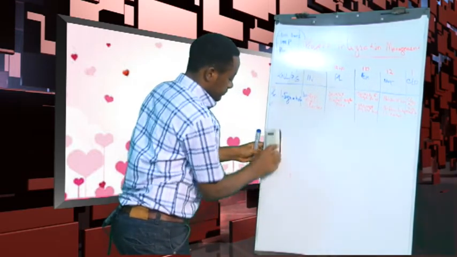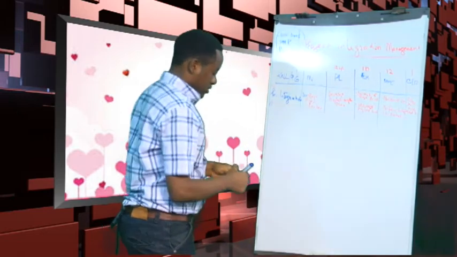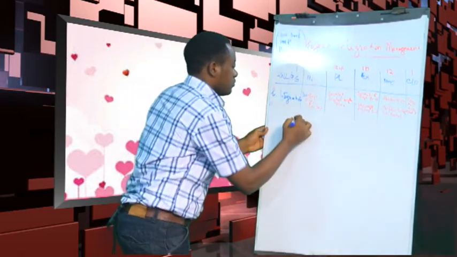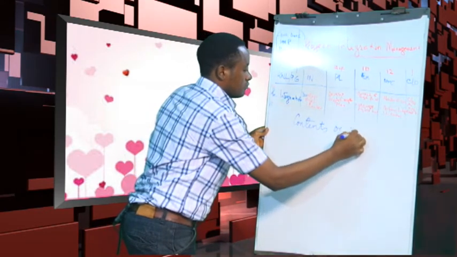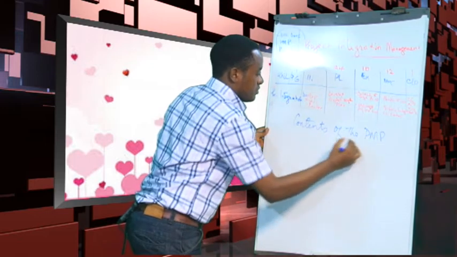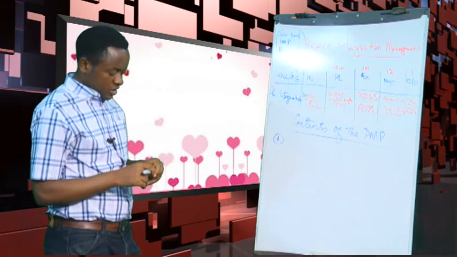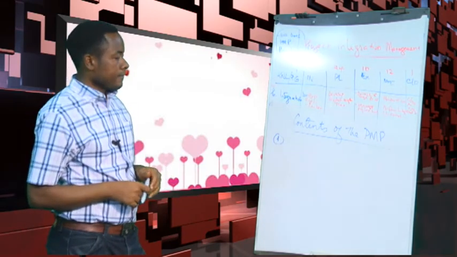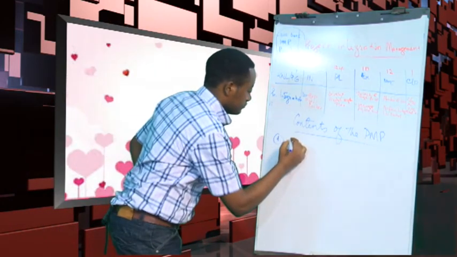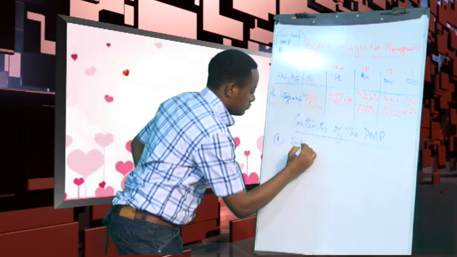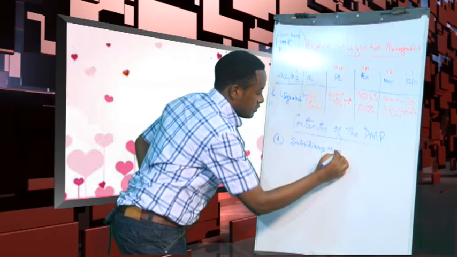Number 1, the contents of the project management plan: the project management plan has what you call subsidiary management plans.